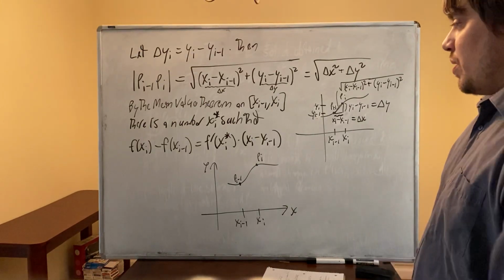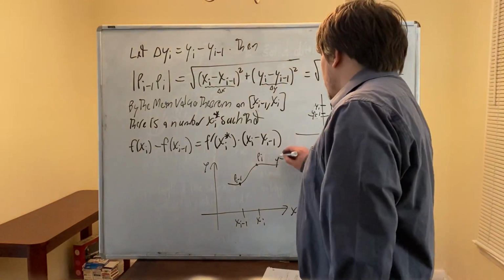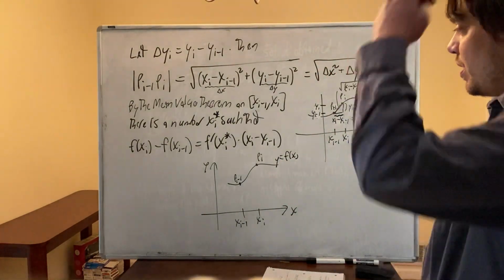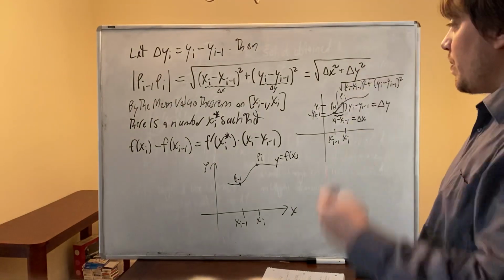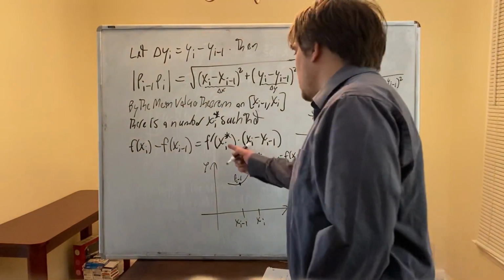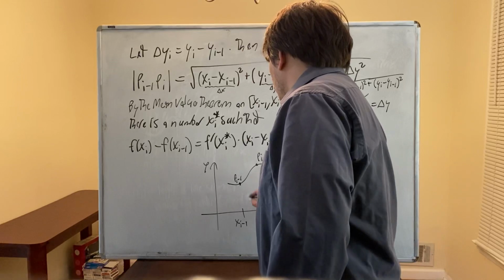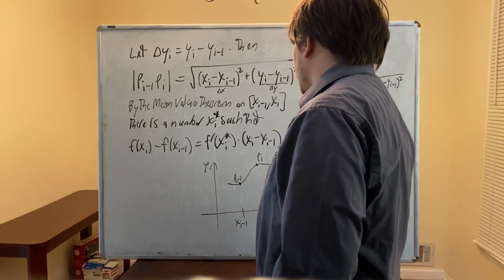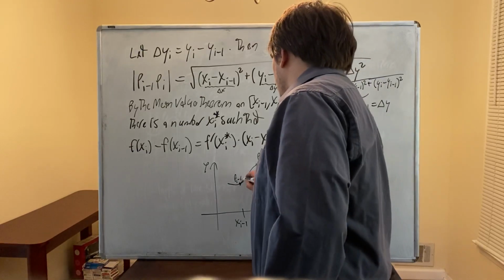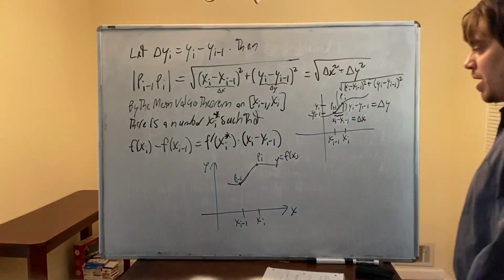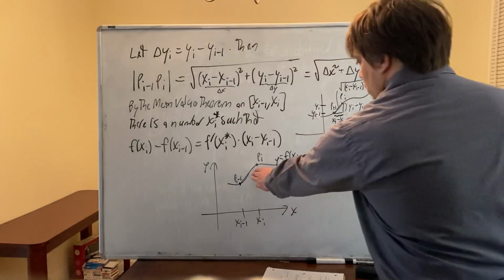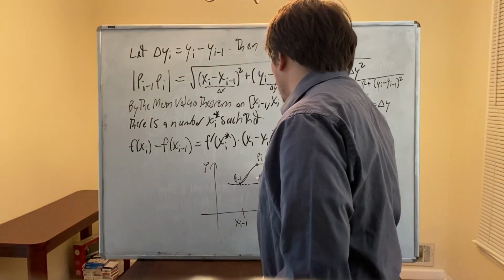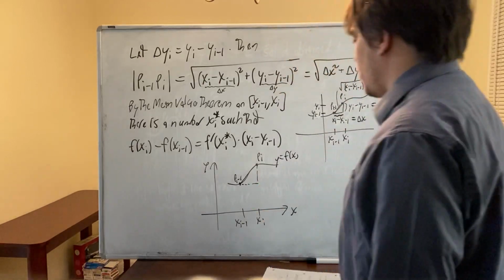By the mean value theorem, because this function y equals f of x is continuous on that closed interval, that means that there is some number x sub i star such that, if you take this line segment connecting p sub i minus 1 and p sub i, that line has a slope. And that slope is the change in y over the change in x, right? That's the slope of the line.